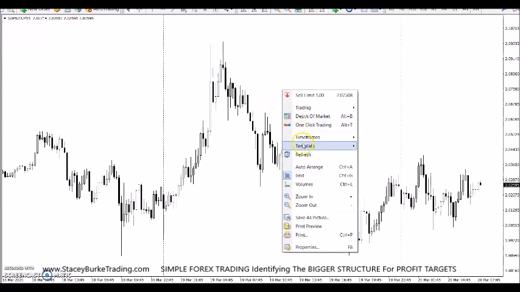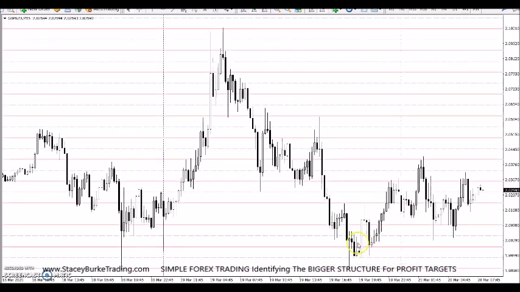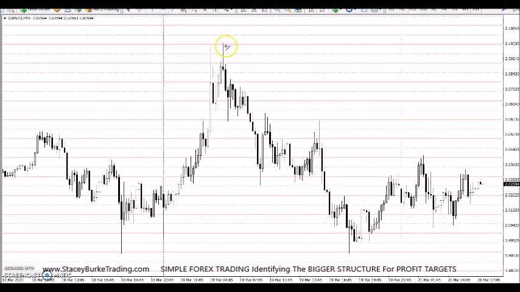Now if we go back and put our numbers on here and we look at this chart again and we draw, we've obviously got a high, and heading into the Asia close we have a low.